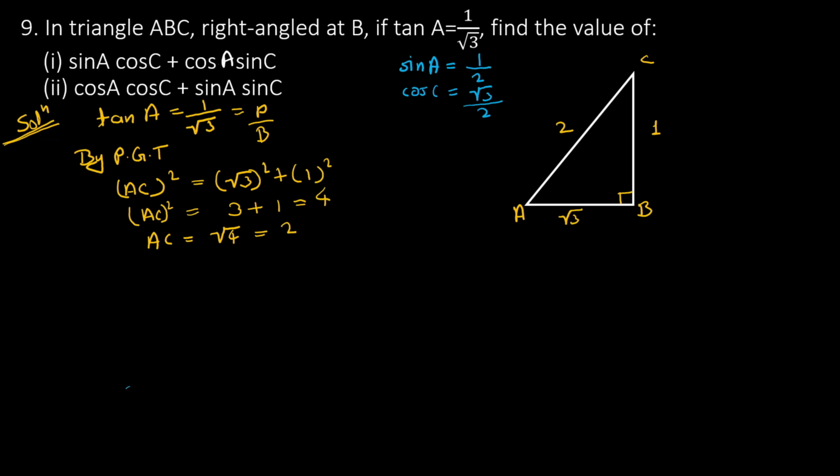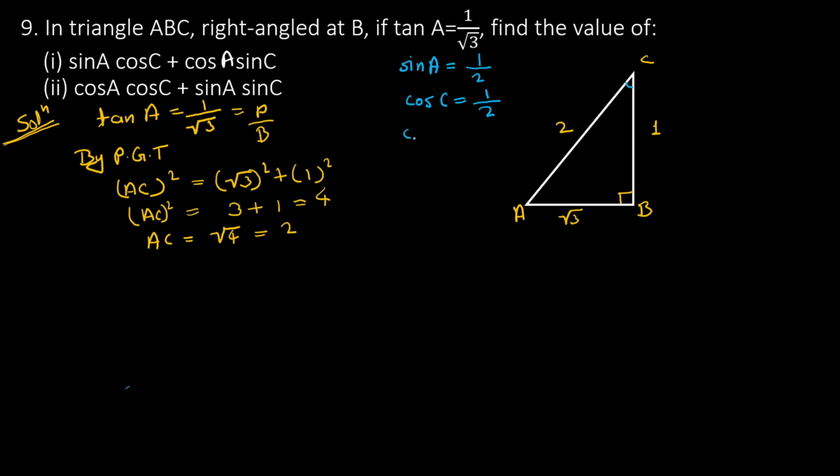Now we will find cos C. To find cos C, we take base upon hypotenuse. In this case, base is 1 and hypotenuse is 2.